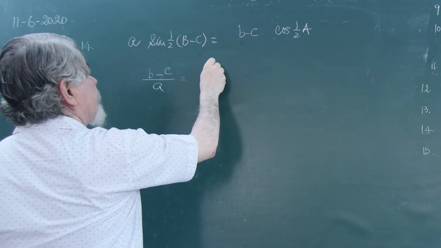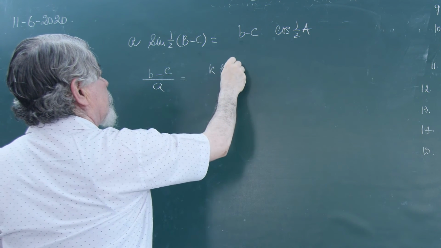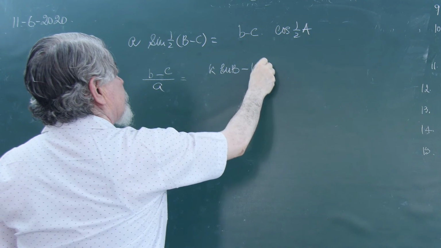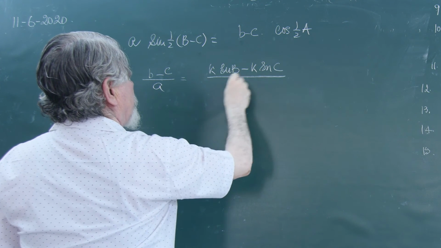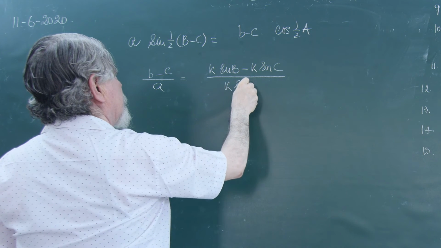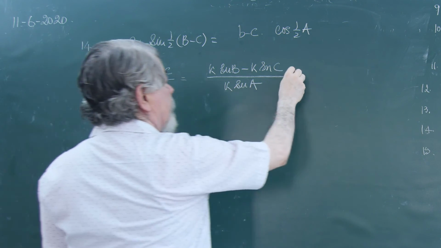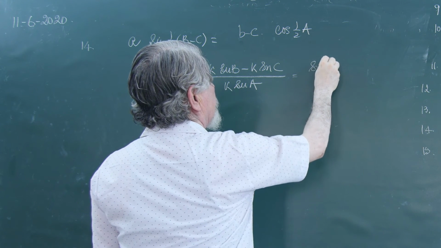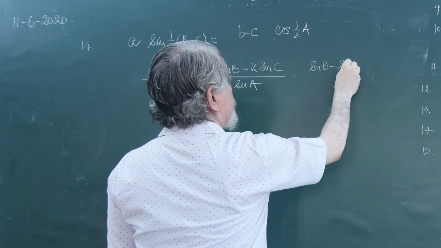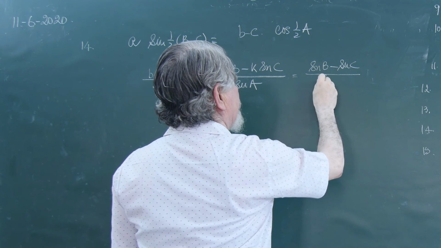It will be k sine b minus k sine c upon k sine a. Now k will cancel from numerator and denominator, and you will get sine b minus sine c upon sine a.